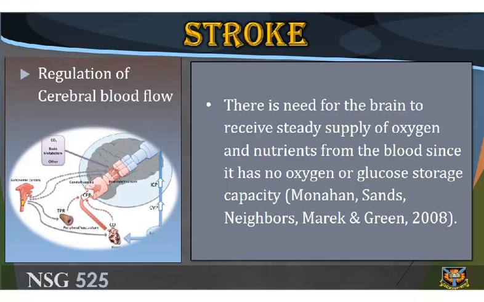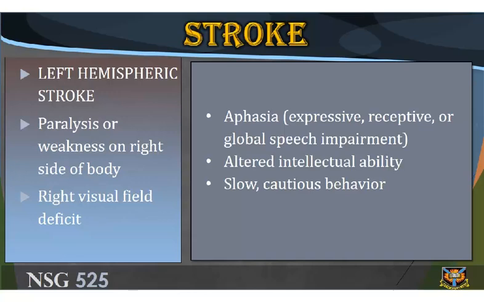Comparison of left and right hemispheric stroke manifestation, adapted from Spencer et al. 2010, Lewis et al. 2011. Left hemispheric stroke: paralysis or weakness on right side of the body, right visual field deficit, apraxia, expressive, receptive, or global speech impairment, altered intellectual ability, slow, cautious behavior.